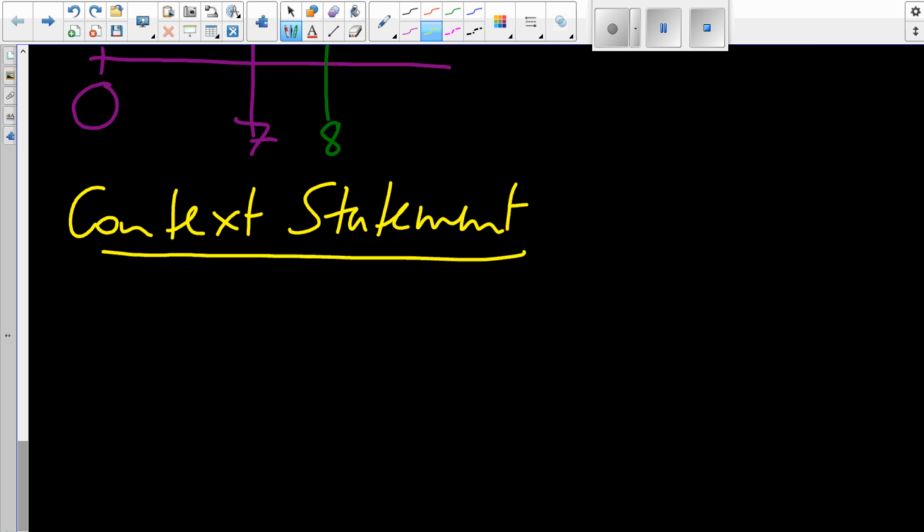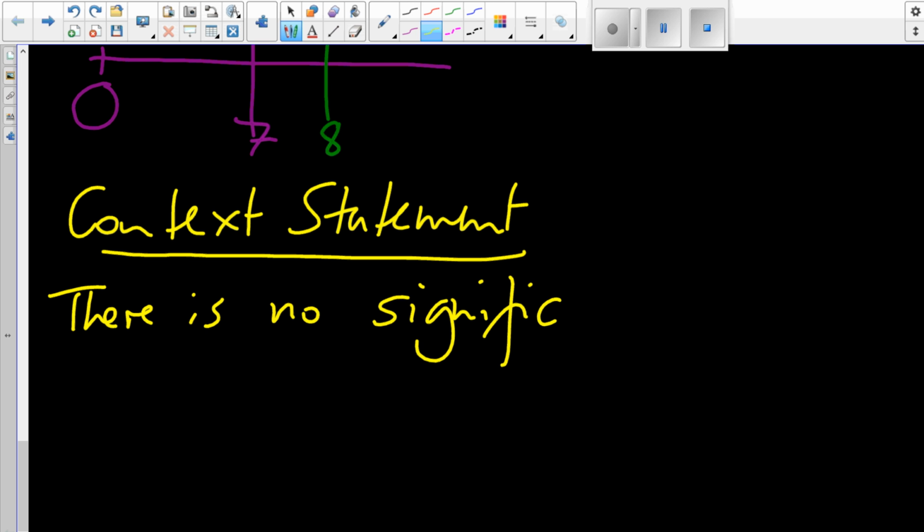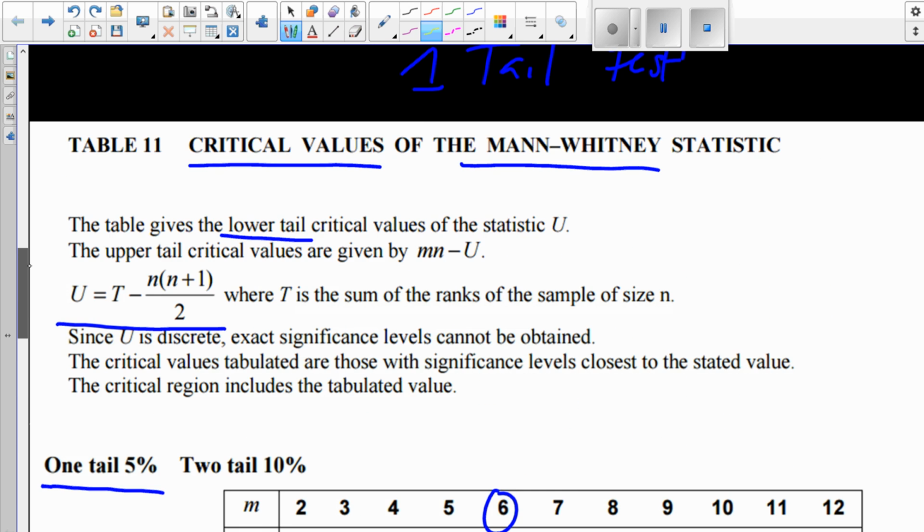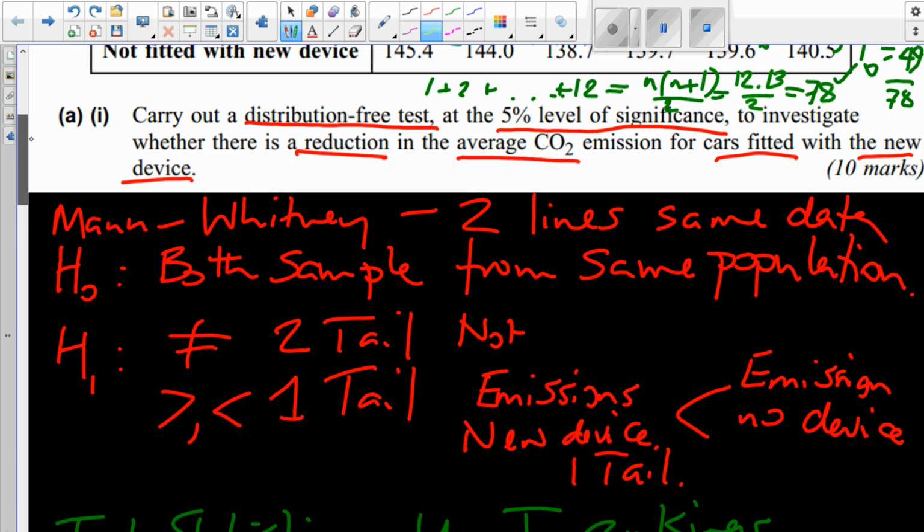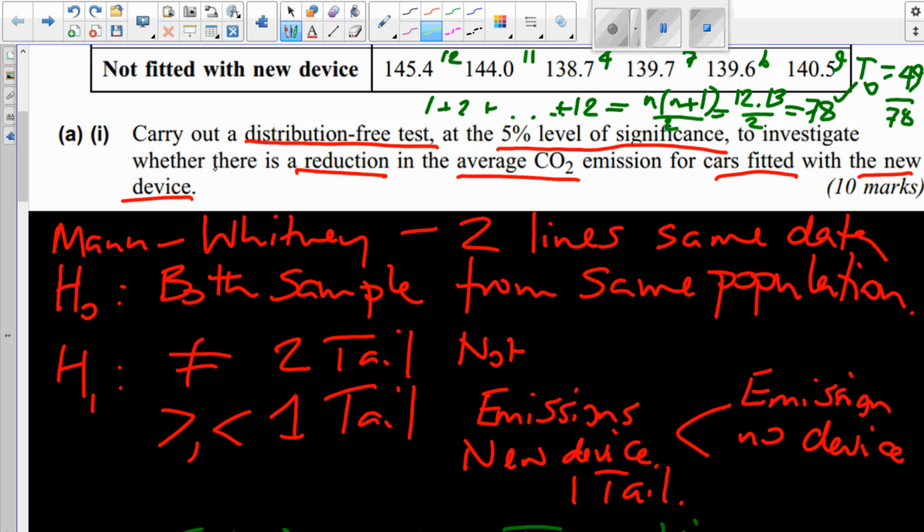As we know H0 has been accepted, we're starting with there is no significant evidence that... We're going to lift and shift the statement we had at the top. There's no significant evidence that there is a reduction in the average CO2 emissions for a car fitted with the new device.